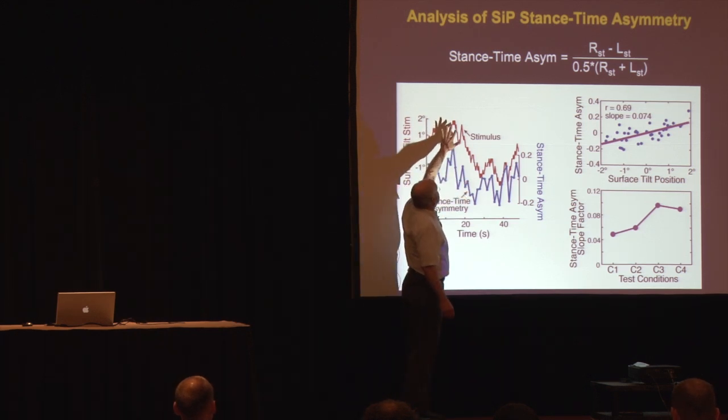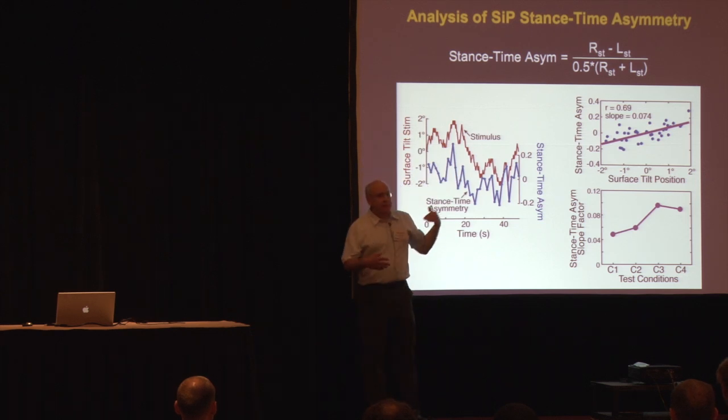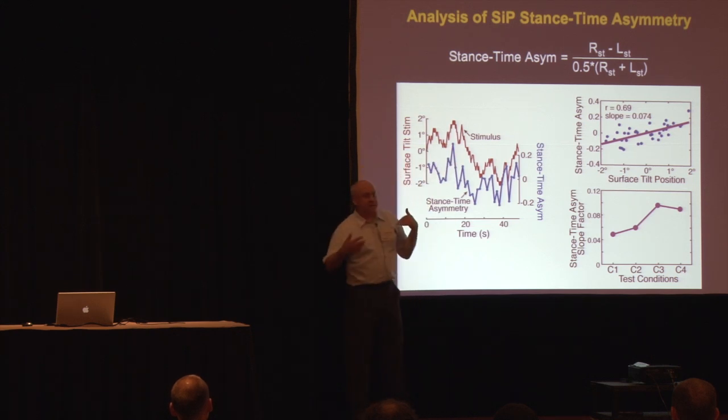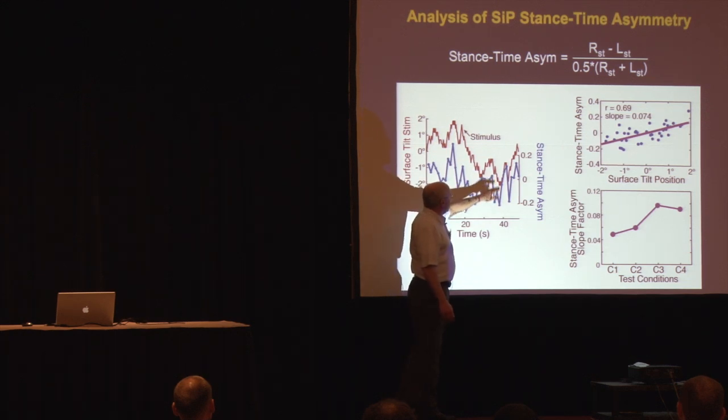So when the surface is tilted, say plus to the right, subjects tend to increase the stance time on the right leg, and when it's tilted to the left, they increase stance time on the left leg.